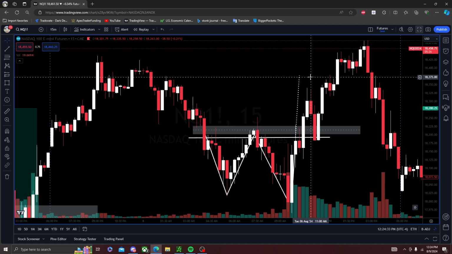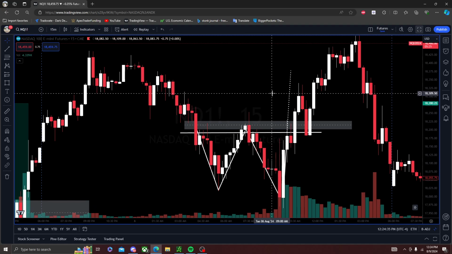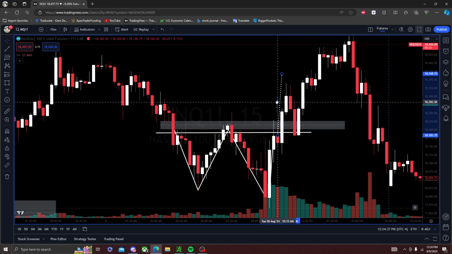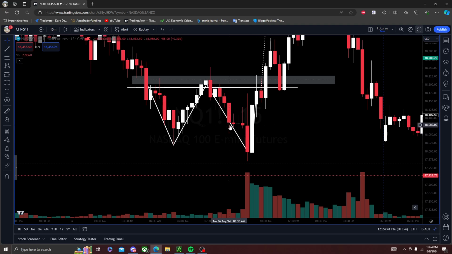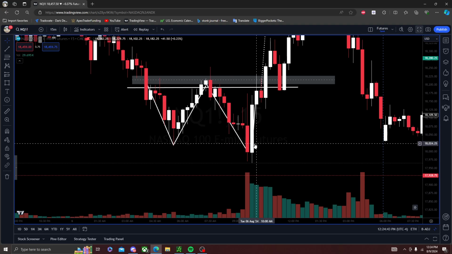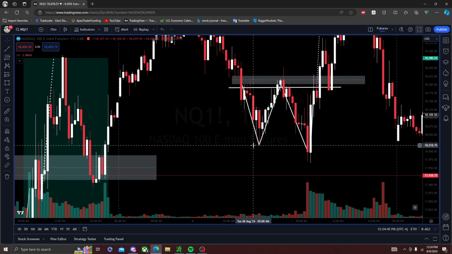You guys, Alex, in this example, where will be your entry? Because you look at the second leg of the W setup, the impulse move. Okay.